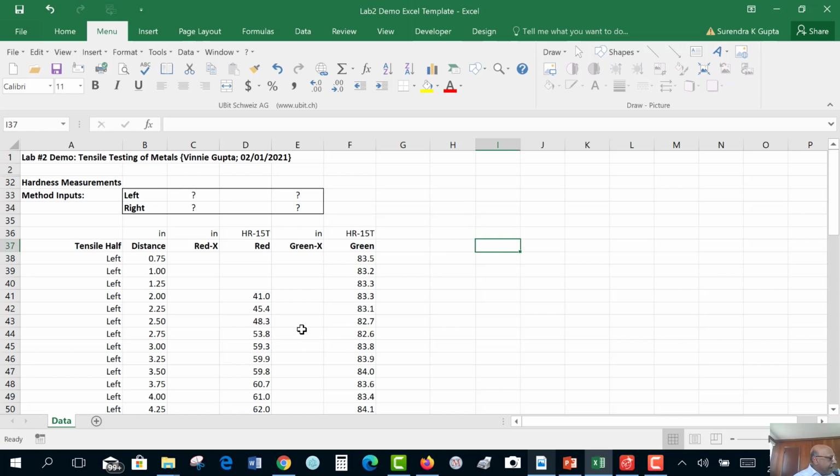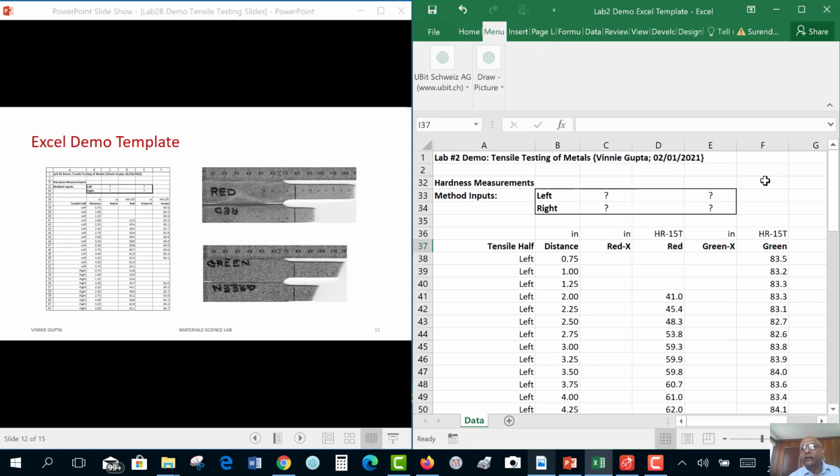So I measured the half using a ruler. So this is my left half, this is my right half. Left half comes out to be, this is my notation, exactly 5 inches. Right is 3.668.